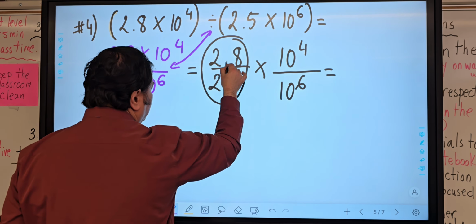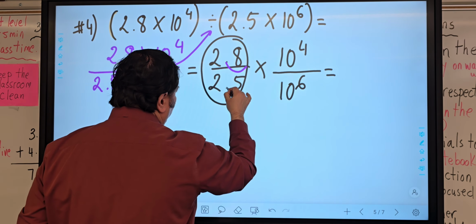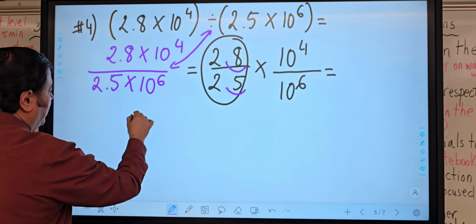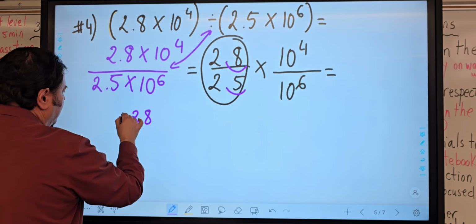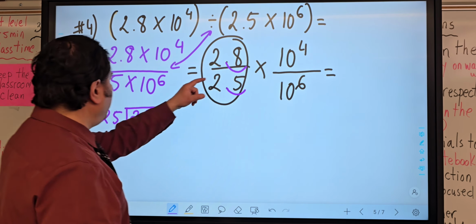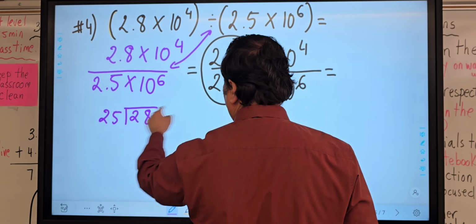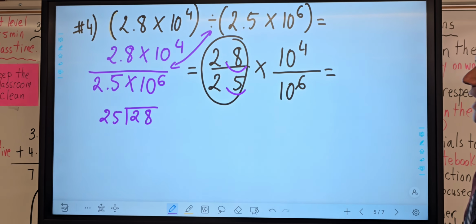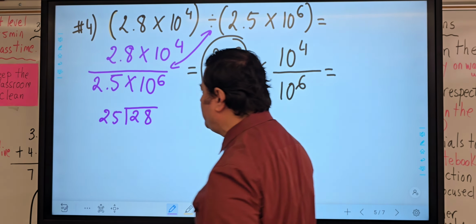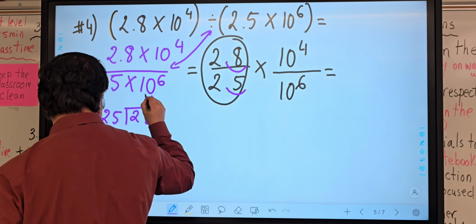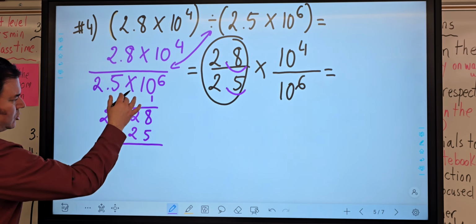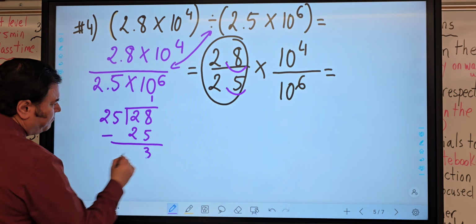And remember, when we divide 2.8 by 2.5, we move the decimal to the right one place and make that the whole number. So that becomes the same thing as 28 divided by 25. 28, top dog inside the house, divided by 25. Okay? And let's see, 25 goes into 28 one time. 1 times 25, 25. Let's subtract. 28 minus 25 becomes 3.